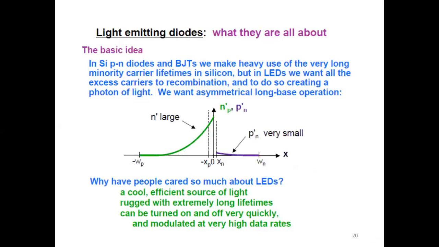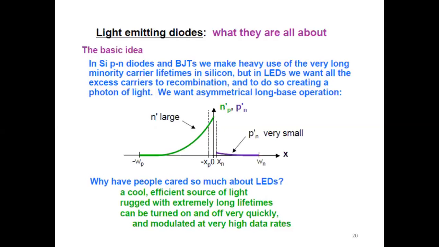Now, if we think in detail about light emitting diodes, the basic idea comes from a silicon p-n junction diode, similar to BJTs, heavily using very long minority carrier lifetimes in silicon. In LEDs, we want all the excess carriers to recombine, and to do so, creating a photon of light.